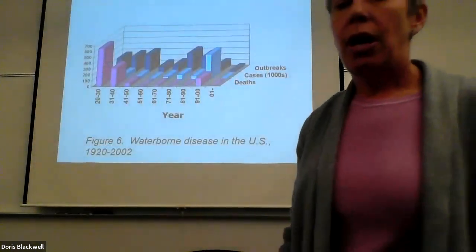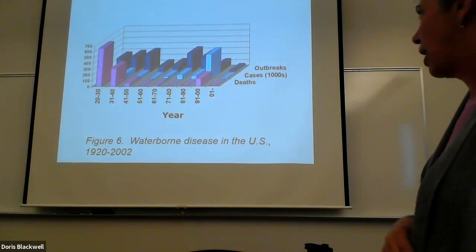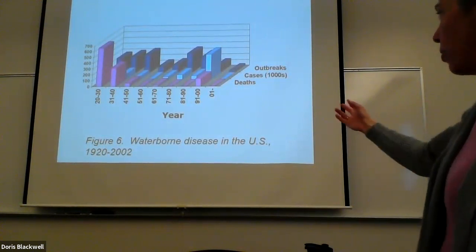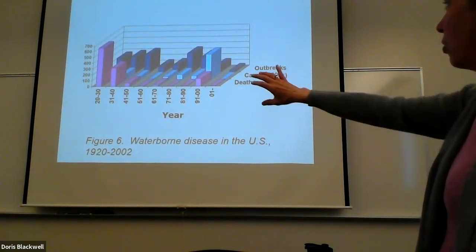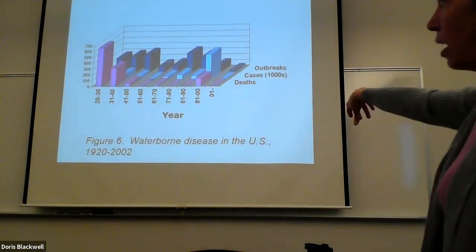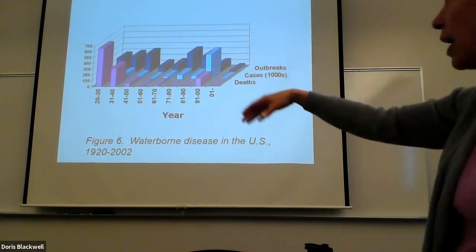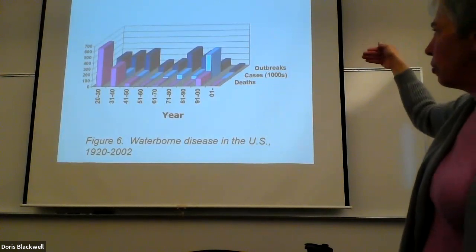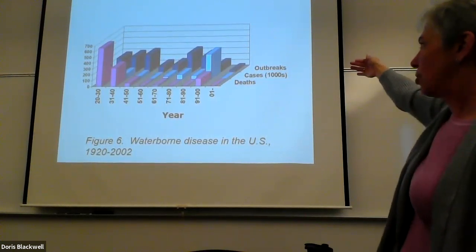And we can use three-dimensional bar graphs. So in this, we're looking at waterborne diseases in the United States from 1920 to 2002. And we're looking at years across the x-axis, and then numbers across the y-axis. By making it three-dimensional, we can look at deaths or peak cases are light blue and outbreaks are dark blue.